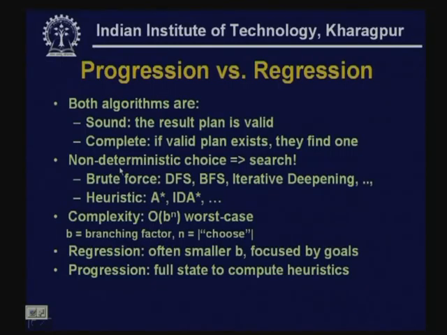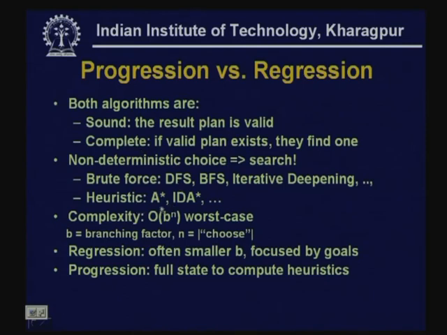So, before we proceed further, let us look at the comparison between progression and regression. Both the algorithms for progression and regression are sound, that is, the resulting plan is valid. They are complete: if a valid plan exists, they find one. But in these algorithms, you need to make a non-deterministic choice, and therefore, you have to use search.